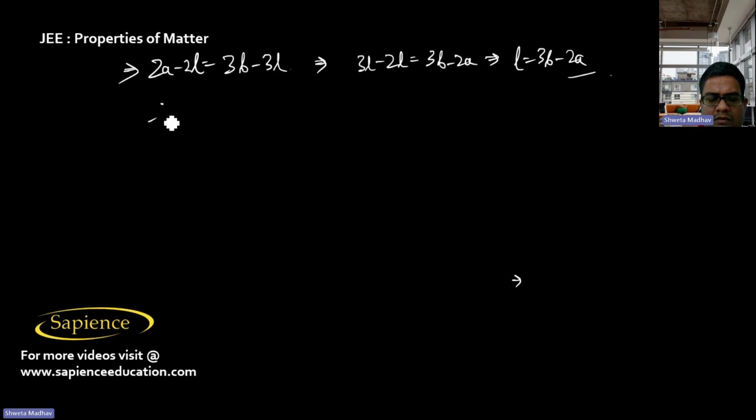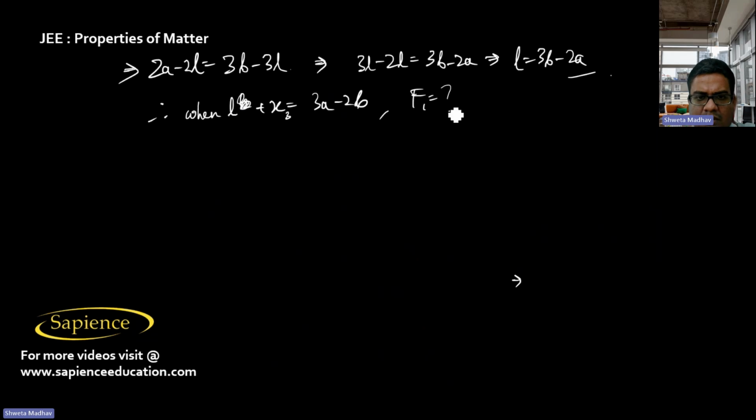Now therefore, when the length L dash, that is L plus the extension x3, is equal to 3a minus 2b, then the tension force F1 will be how much, that we have to find out. So therefore, 3b minus 2a plus x3 is equal to 3a minus 2b.